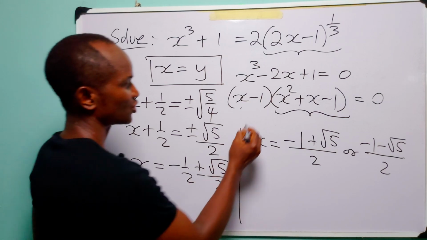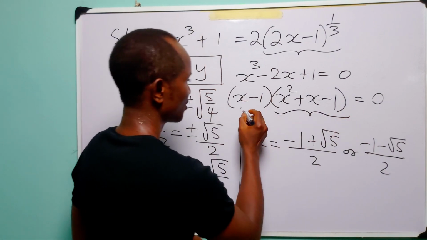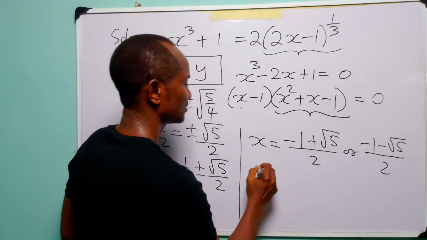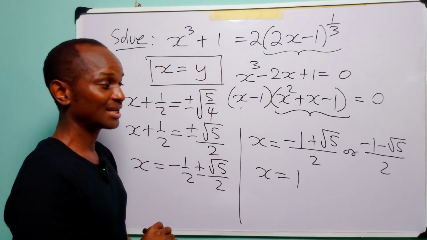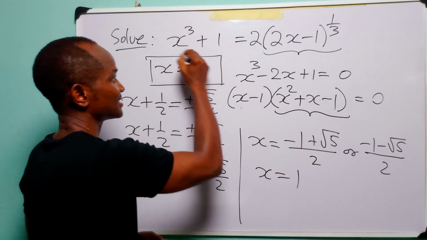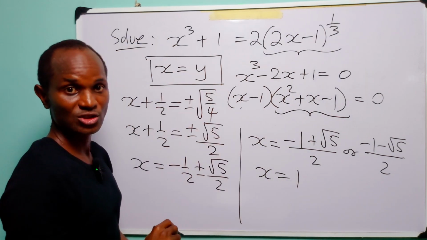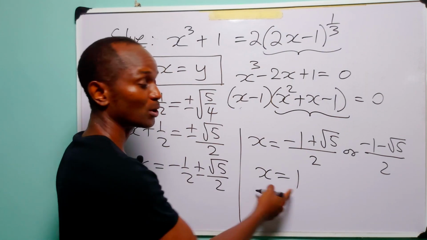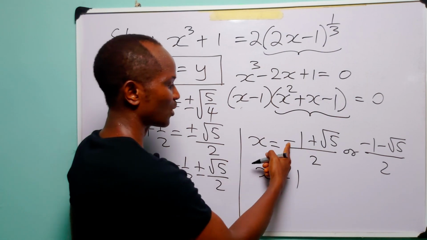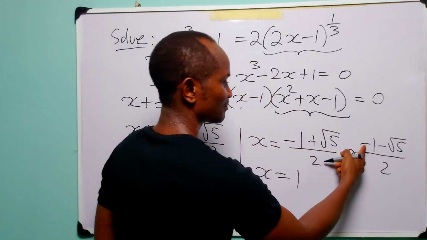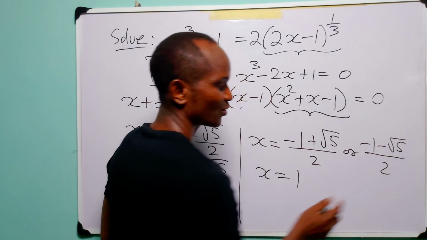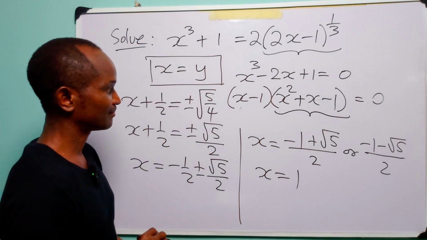So now that we have solved this equation, we know that from the earlier equation, x is equal to 1. So we have that the three values of x that satisfy this original equation are x equal to 1, x equal to minus 1 plus root 5 over 2, and x equal to minus 1 minus root 5 over 2.